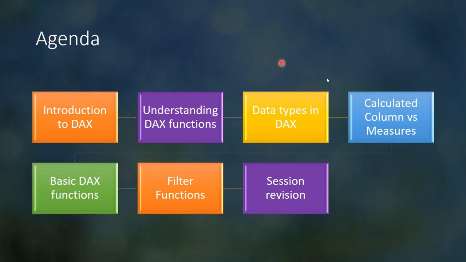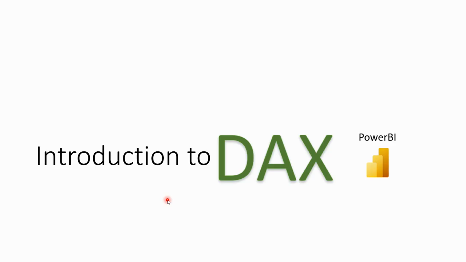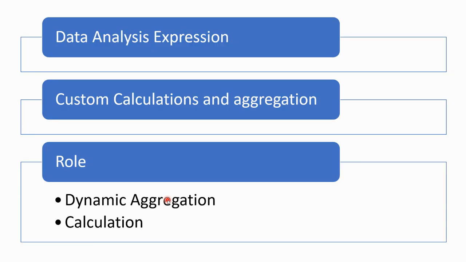Then, moving forward, we'll learn about the data types in DAX, and we will compare calculated columns and measures, the basic DAX functions, and the filter functions we have.